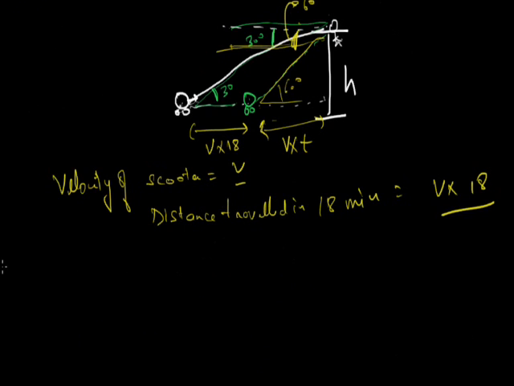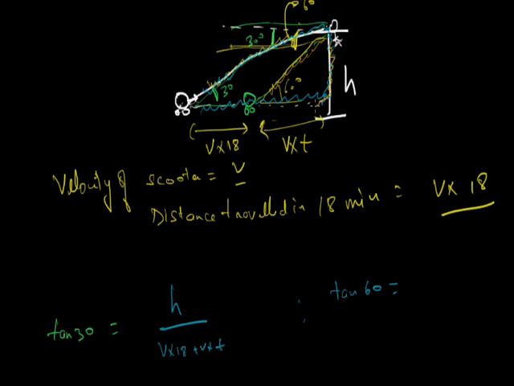Now applying the trigonometric laws here, I'm looking at tan 30 in this triangle. Tan 30 is perpendicular upon base. Perpendicular is h, base is v into 18 plus v into t. Now tan 60, I'm looking for tan 60 here.